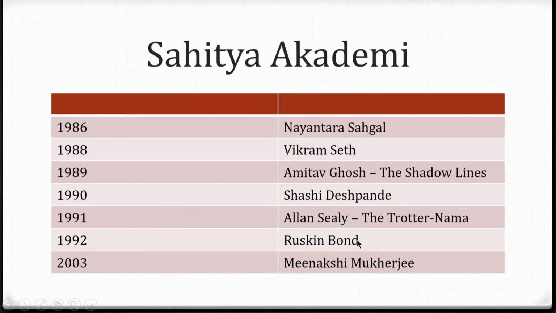Nayantara Sahgal, we didn't discuss her, but hers is an emergency novel which is part of the canon. Vikram Seth, A Suitable Boy. Shadow Lines, yes. Shashi Deshpande, we just made a passing mention of her while talking about the women writers. Ruskin Bond, again, he was just mentioned here and there, but of course all of these are familiar names, familiar authors.